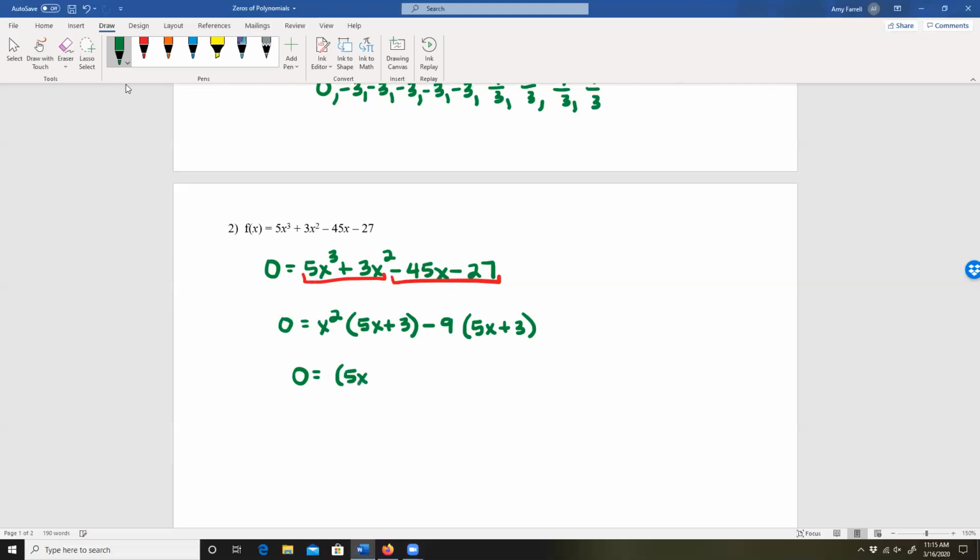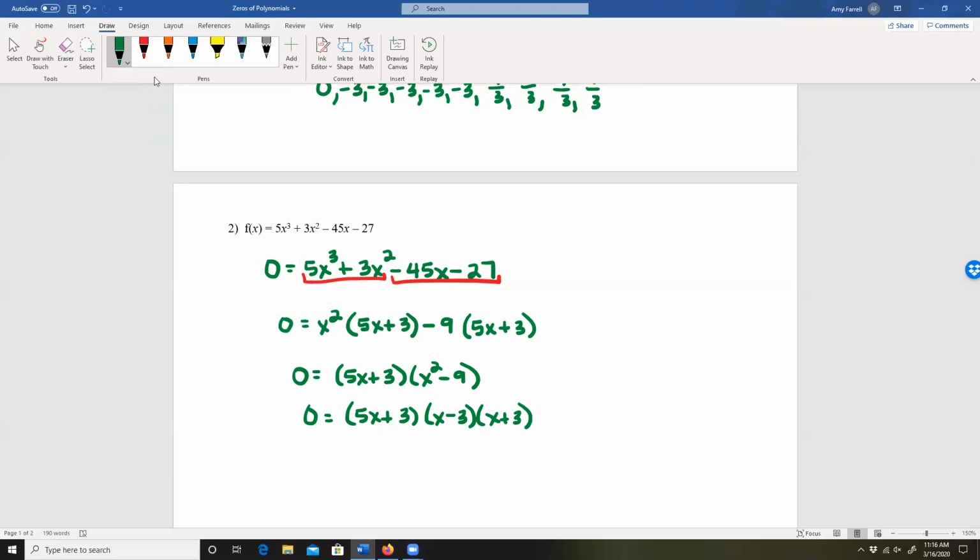So my factors are 5x plus 3 and x squared minus 9. However, hopefully you recognize x squared minus 9 as a difference of squares. It will factor further as x minus 3, x plus 3.